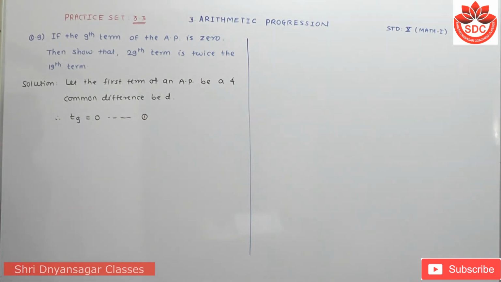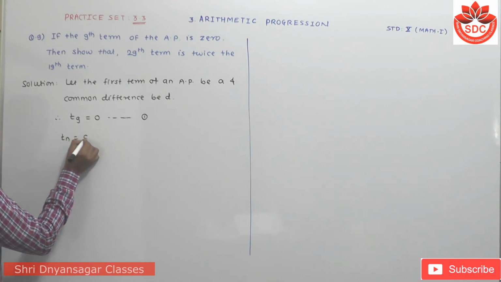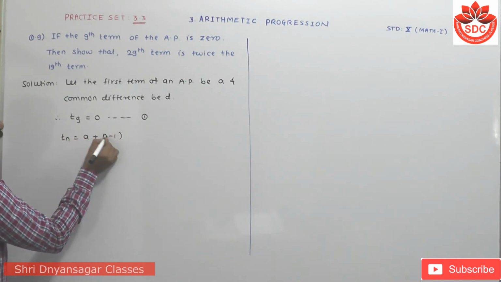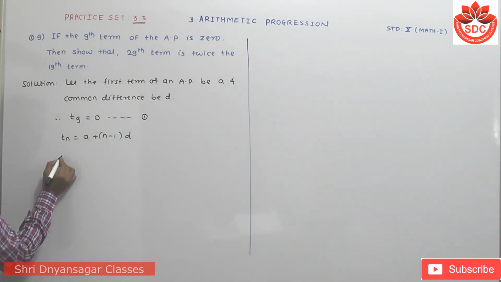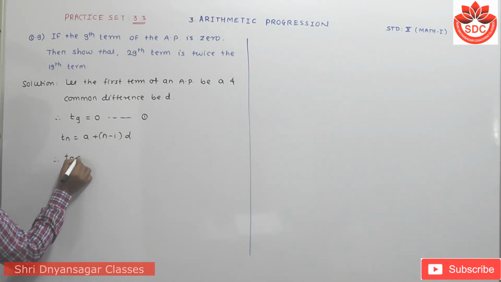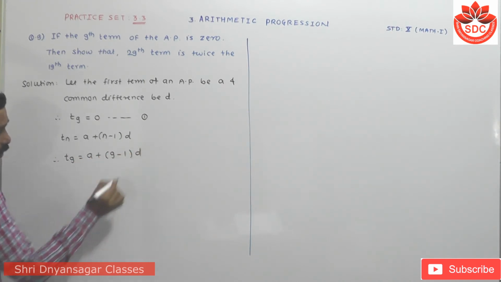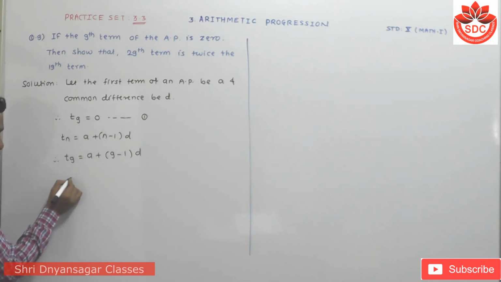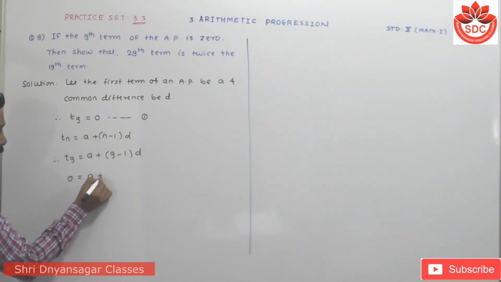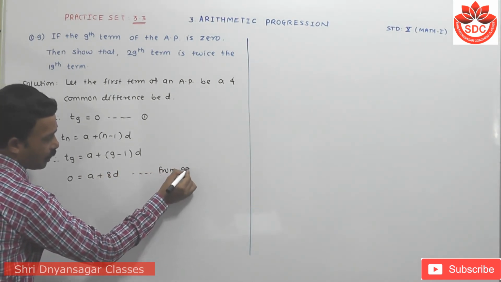This is our first equation. Now student, we know the formula Tn is equal to A plus N minus 1 into D. So substitute the value of N is 9 here, therefore T9 is equal to A plus 9 minus 1 into D. When we substitute the value of T9 is 0, it is equal to A plus 8D, from equation first.